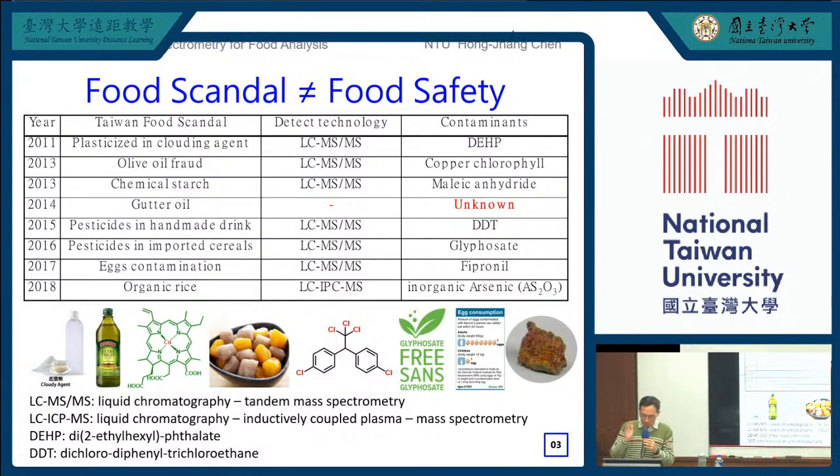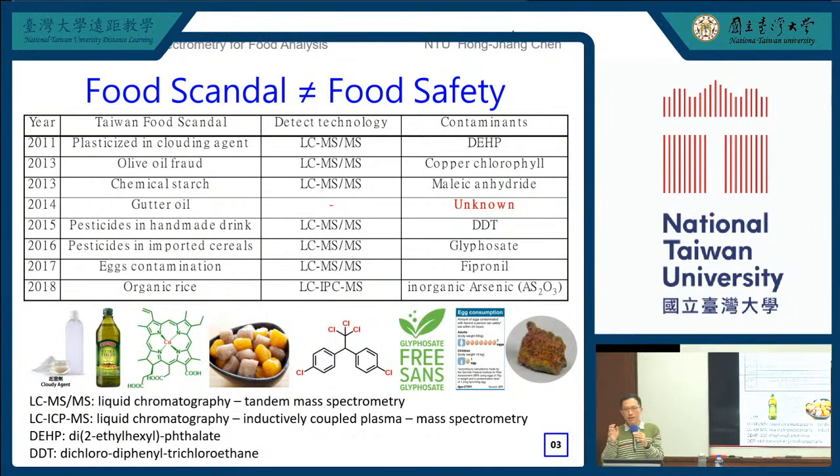But let me emphasize this one. This one is 2014 in Taiwan. They had a cotton oil, so-called refined oil case. But until now, no contaminant has been detected by any technology, even LC-MS, GC-MS, MS/MS, or high-resolution MS. So I just want to point out that MS technology is not to prevent food safety problems.